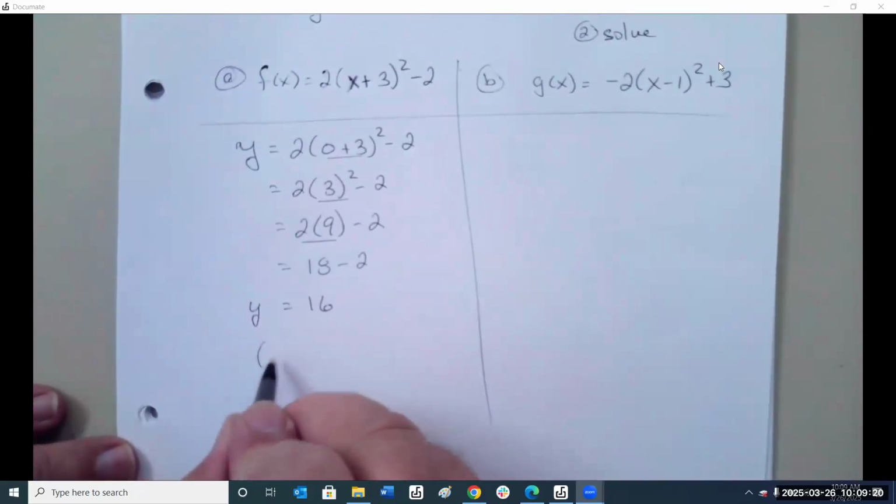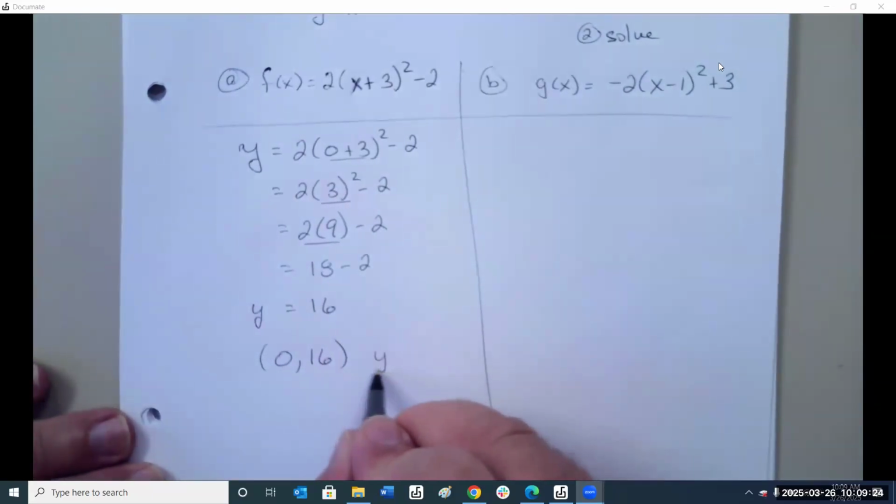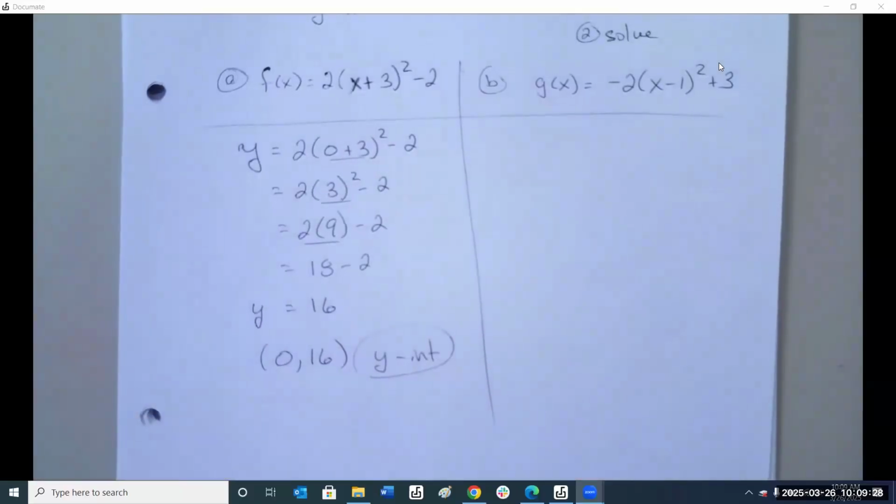So my y-intercept is at 0, 16. So it's a trade-off. It's a trade-off on which one's easier to use for what. So find me the y-intercept of the next equation.